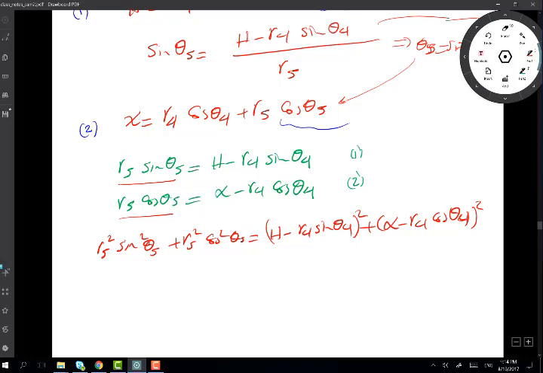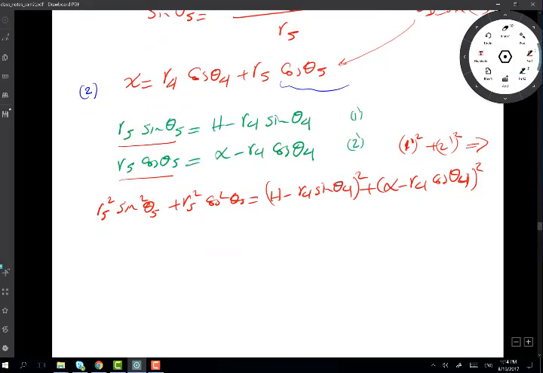What I did is square 1 dash, square 2 dash, and add. Now, if you take R5 squared as a common factor, inside the brackets cosine squared plus sine squared add up to 1. So now I have R5 squared, and this way I have managed to get rid of theta 5. We use this technique a fair bit.